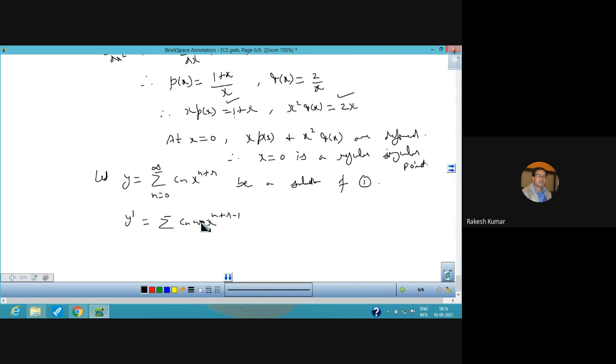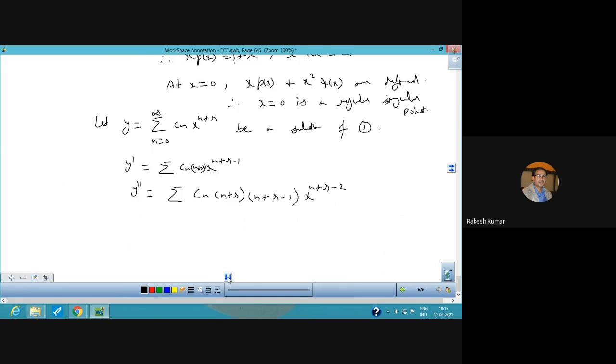Similarly, we can find the double order derivative, which comes out to be c_n (n plus r)(n plus r minus 1) x raised to power n plus r minus 2.